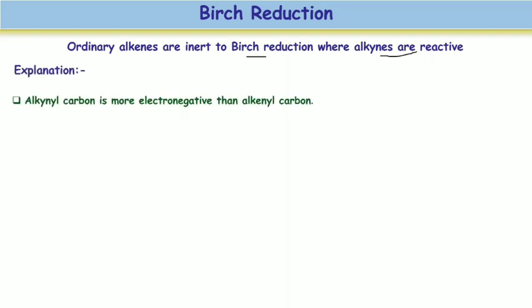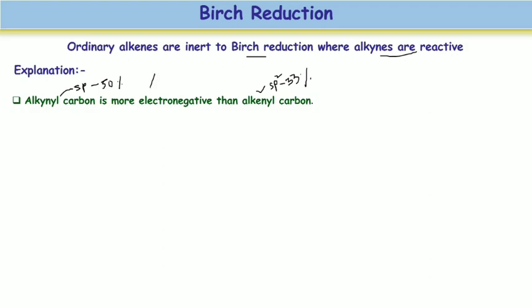The first point is that alkynyl carbon is more electronegative than alkenyl carbon. So an alkynyl carbon is sp hybridized, so we have 50% s character, whereas an alkenyl carbon is sp2 hybridized, so we have around 33% s character.